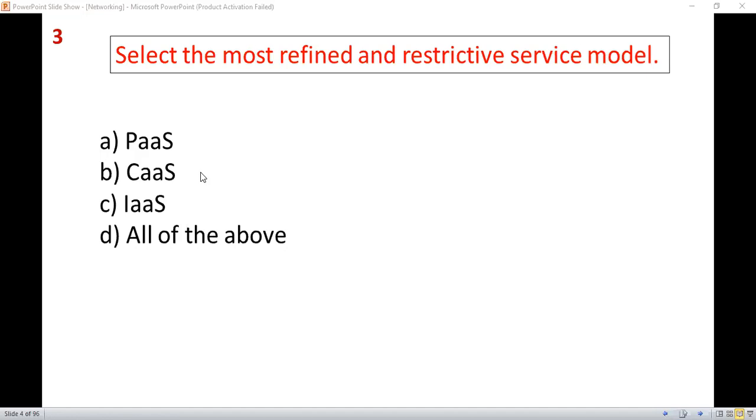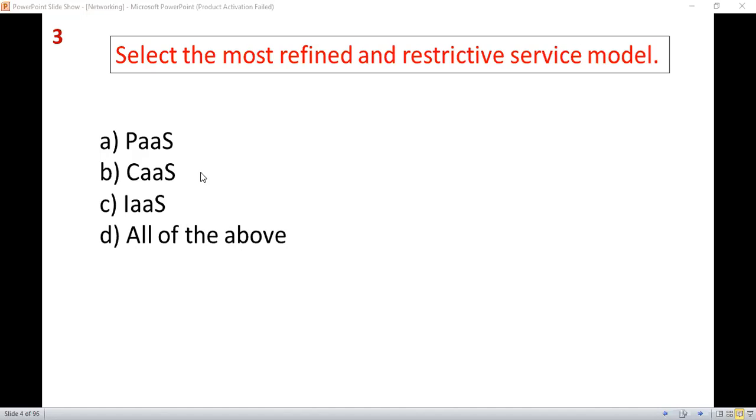We will see different types of questions in this session. Here the consumer has a minimum level of control over everything from the server to the application, and in this model the consumer is responsible only for the people using the service and the data they create. So this is a part of the models.